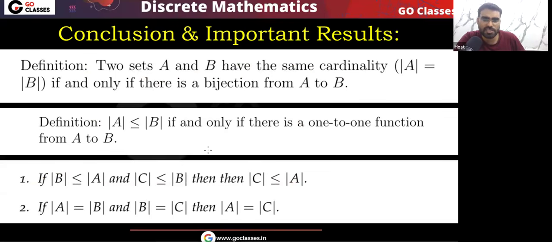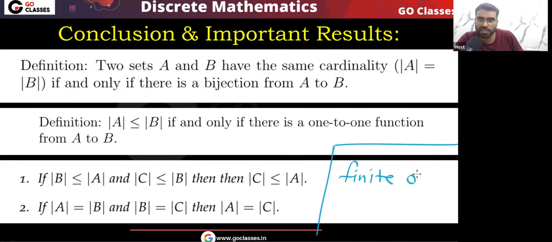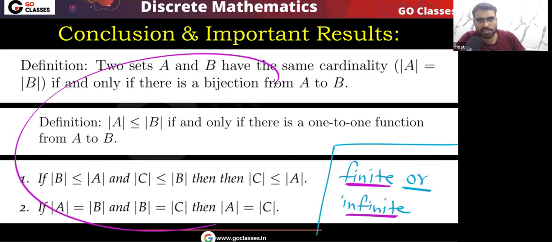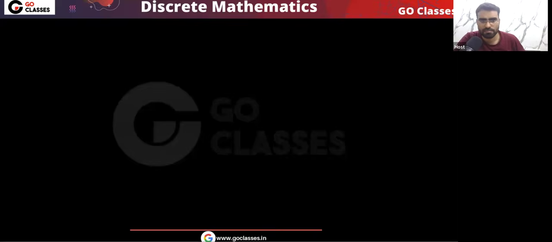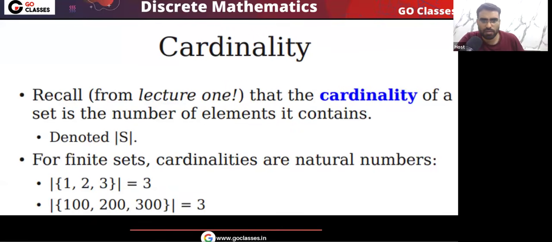Remember, all these results work for any set, finite or infinite, any type of set. So these results will always work. We have seen all these things.